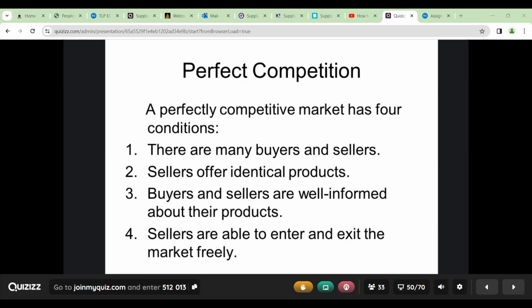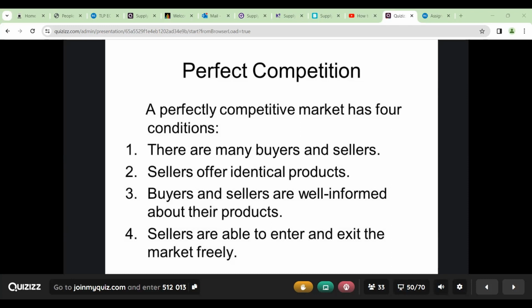So more competition is good for consumers due to lower prices. Less competition is good for investors due to higher prices, thereby maximizing profits.